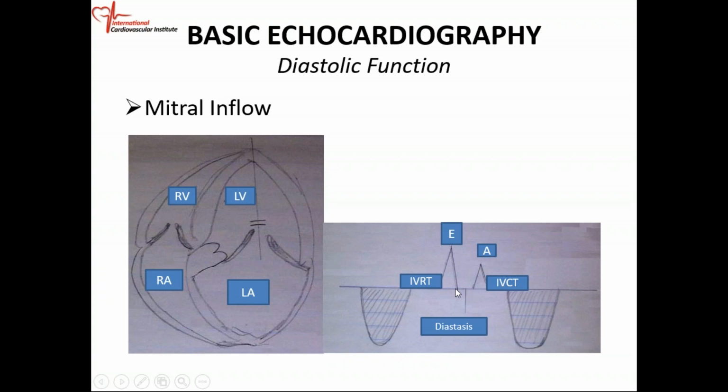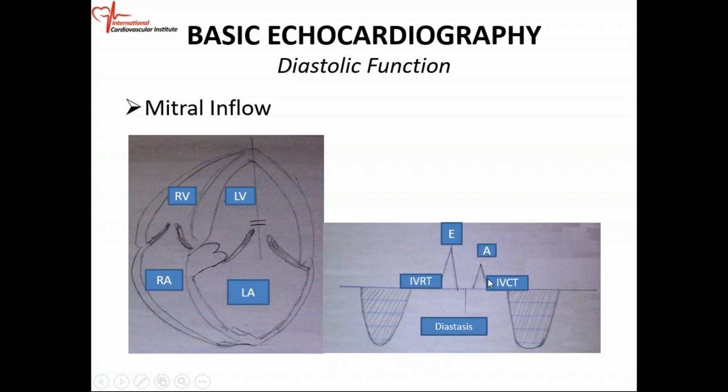Then in some patients, you're going to have a diastasis, equalization of pressure between the LV and the LA, no flow. There is no flow because you have equalization of pressure. Then at the end of the diastasis, the atrium contracts, and you're going to set up your A velocity. Okay?